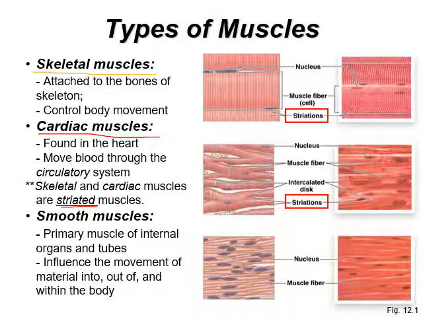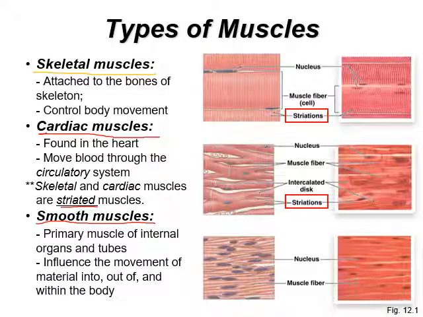Nervous system wise, cardiac muscle is controlled by the autonomic nervous system, and that's our involuntary nervous system. So we don't have to consciously put thought into contracting our cardiac muscles. We don't have to consciously think about the beating of our heart because it is controlled by the autonomic nervous system.